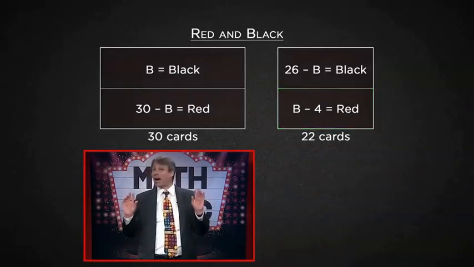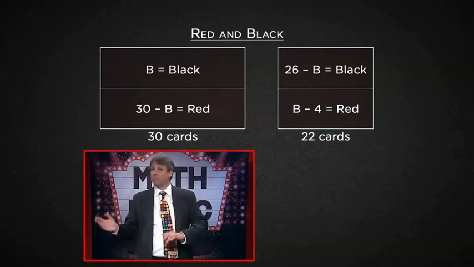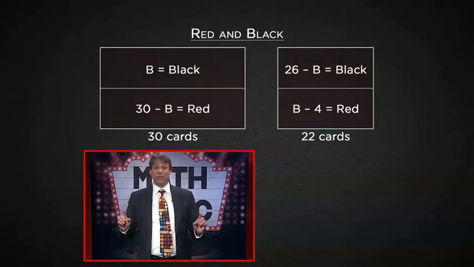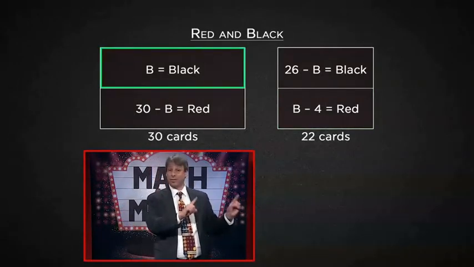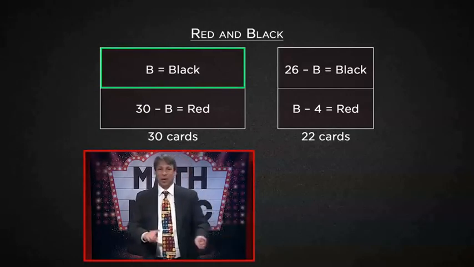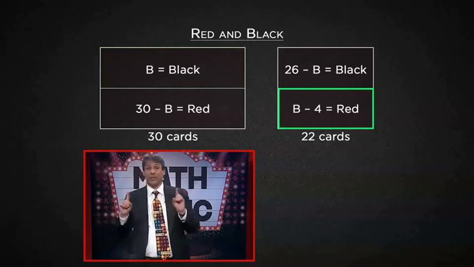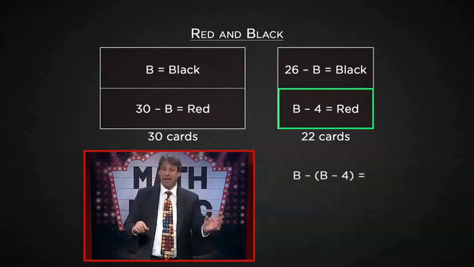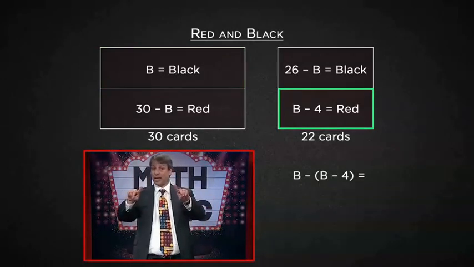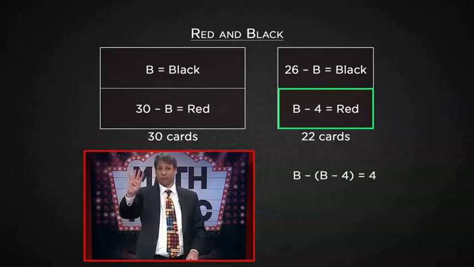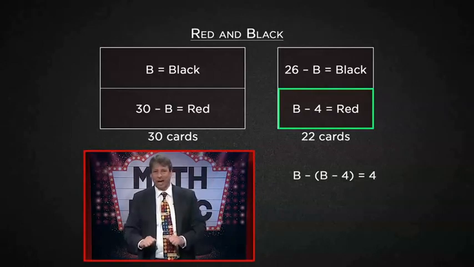So even though I don't know how many black cards or red cards that you have in either pile, I do know that when you take the number of black cards in pile 1 and subtract the number of red cards in pile 2, you are guaranteed to get B minus the quantity B minus 4, and that always equals 4. Let's hear it for algebra.